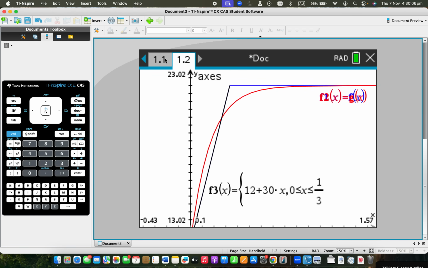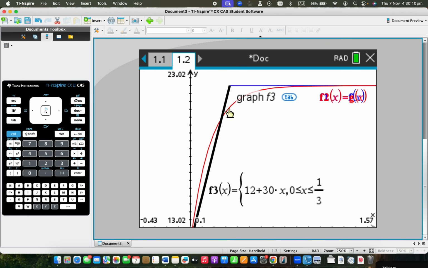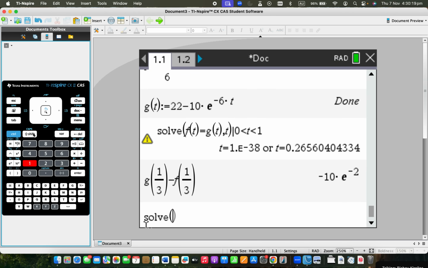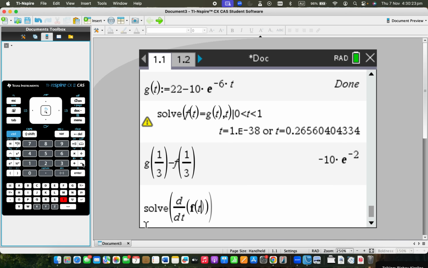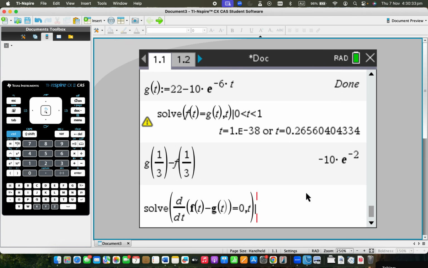Okay, that's obviously the value here, the biggest difference. Let's just solve the derivative of f of t minus g of t equal to 0, for t, and only from 0 to 1/3. That's 0 to 1.